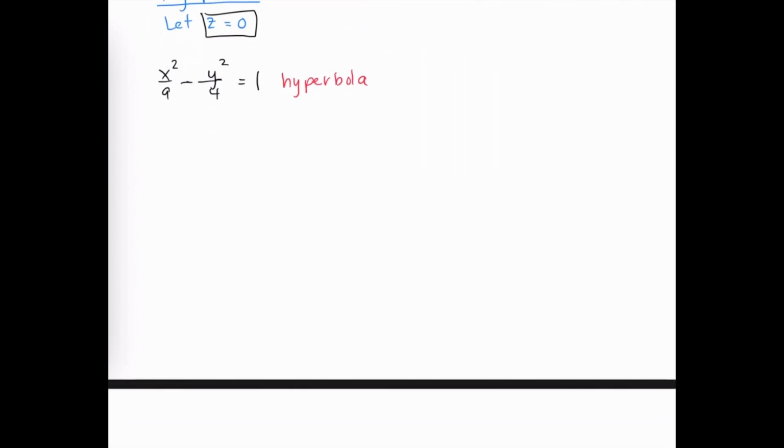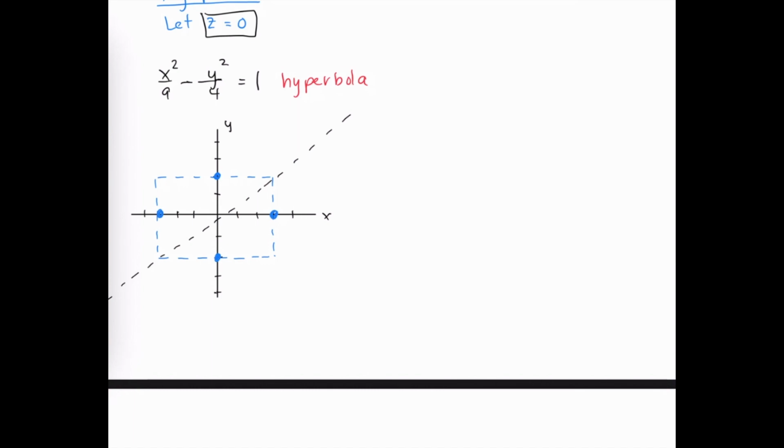Let's get a quick graph of this. So this is our xy plane here, and we're going to be centered at the origin, moving 3 units in the direction of x, 2 units in the direction of y, and then we're going to make our box here, and then cross the box with the diagonals going from corner to corner. These are going to end up being the asymptotes of the hyperbola.